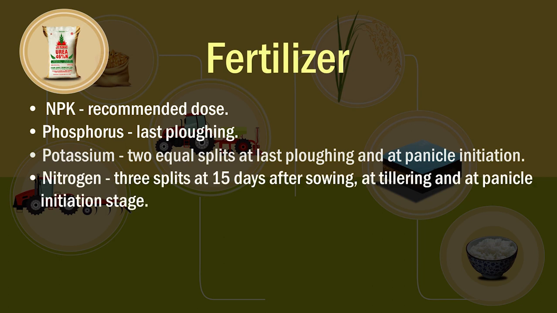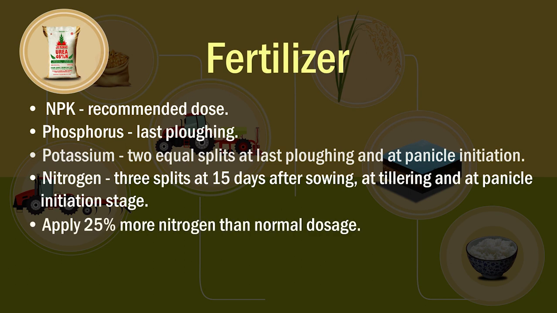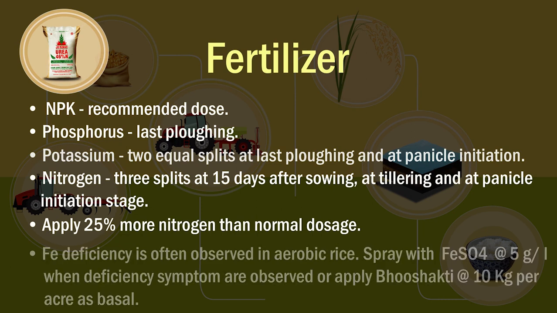Nitrogen should be applied in 3 splits, which is at 15 days after sowing, at tillering, and at panicle initiation stage. We need to make sure that we apply 25% more nitrogen than normal dosage.